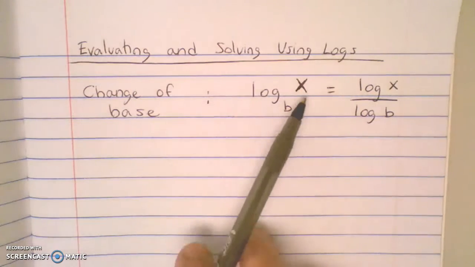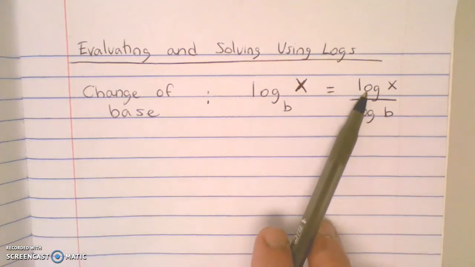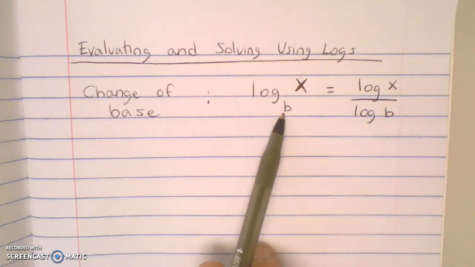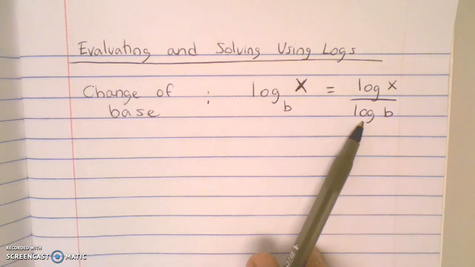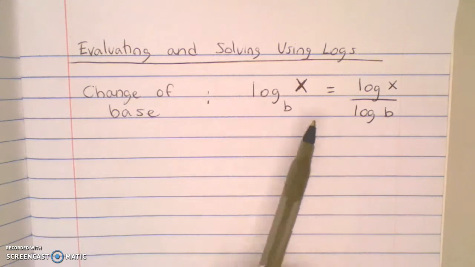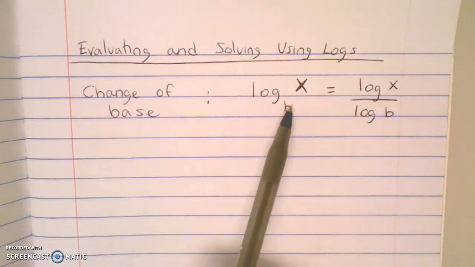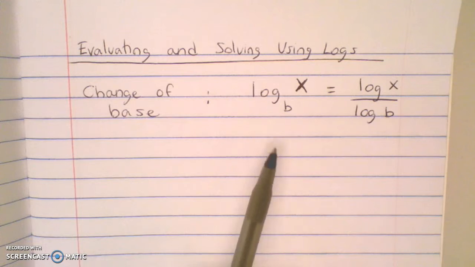So whatever the number is in the x position, you put that on the top, and whatever the number is in the b position, you put that on the bottom. So if I ask you to evaluate a log, you can actually calculate the number that it represents for that problem.